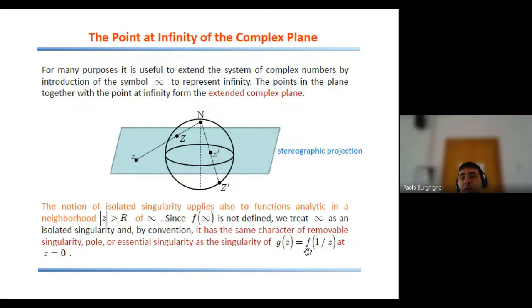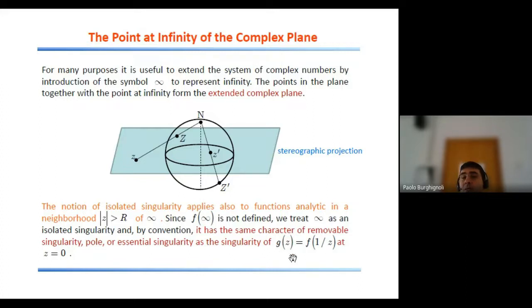We evaluate f at 1 over z, so points in a neighborhood of infinity get mapped by 1 over z to points in the neighborhood of the origin. So what we get is an analytic function g in a neighborhood of the origin, where the origin is an isolated singularity for this new function g.